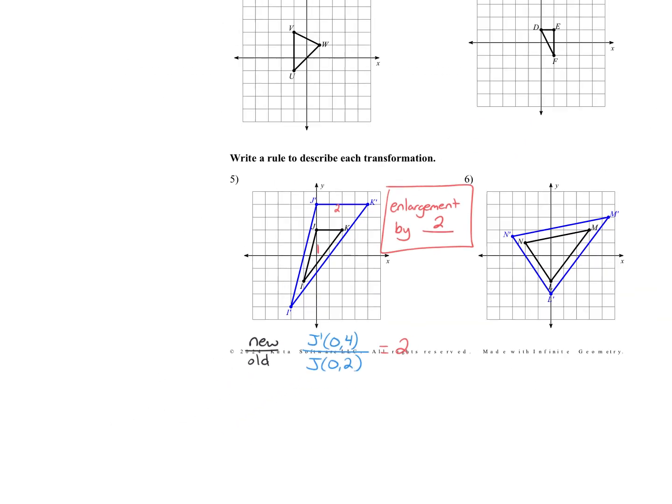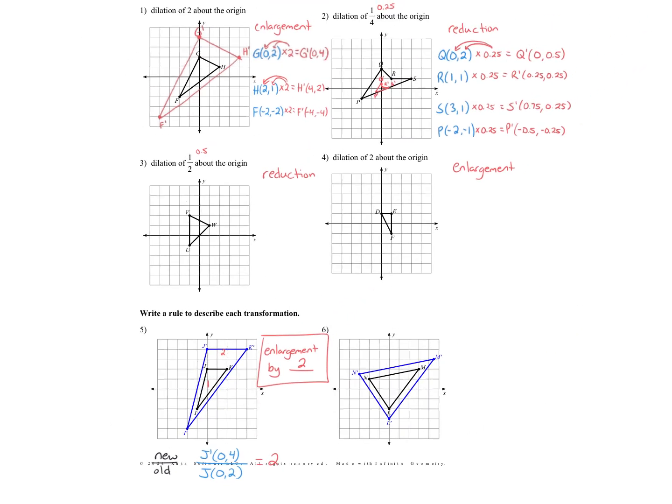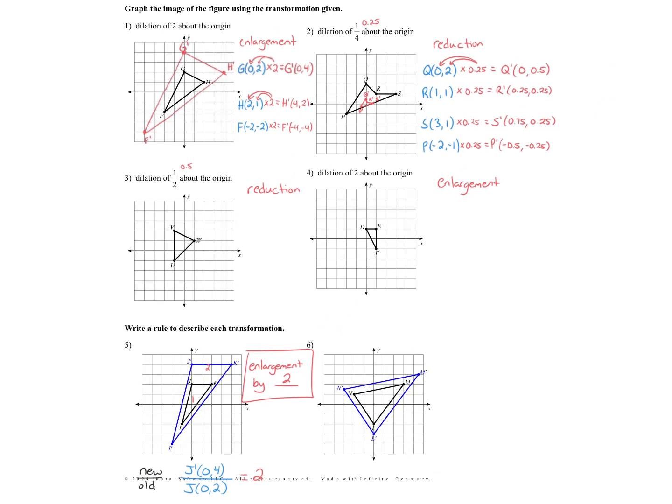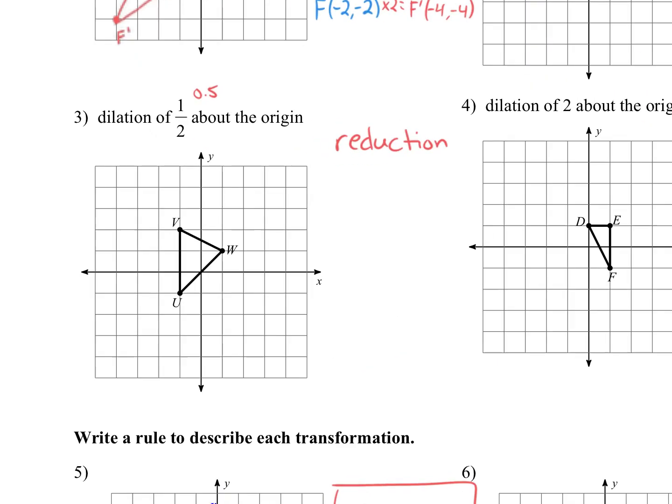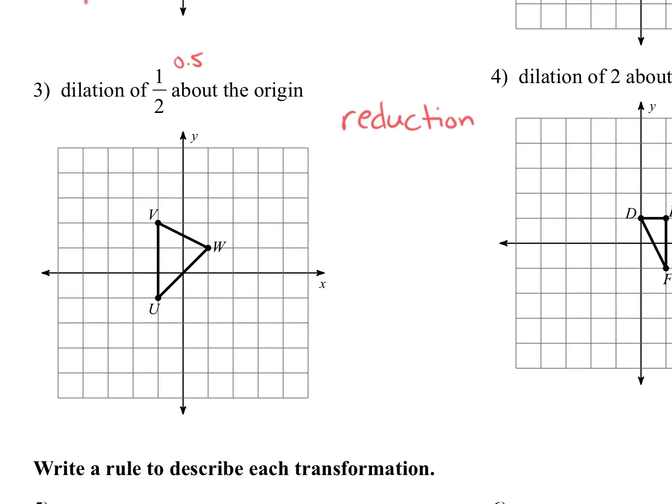Cool. What I want you to do here, just to get some individual group practice, go ahead and do the 3 that we did not do together. Go ahead and do 3, 4, and 6. Number 3, we said it was a reduction. Again, I don't care if you keep it as a fraction or write it as a decimal. Either way is fine. What do I need to find first, though? The original points, right?